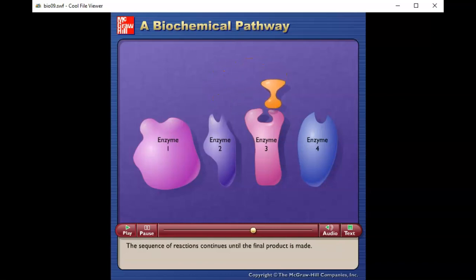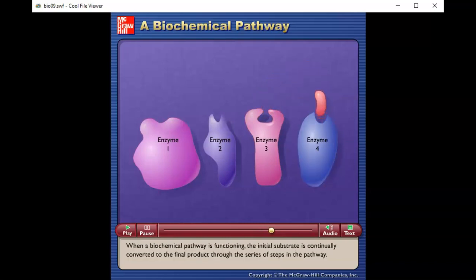The sequence of reactions continues until the final product is made. When a biochemical pathway is functioning, the initial substrate is continually converted to the final product through the series of steps in the pathway.